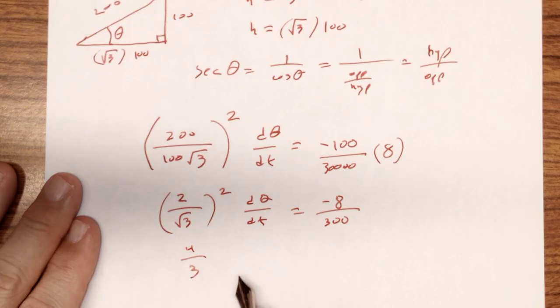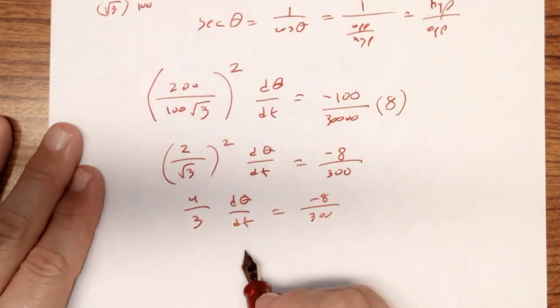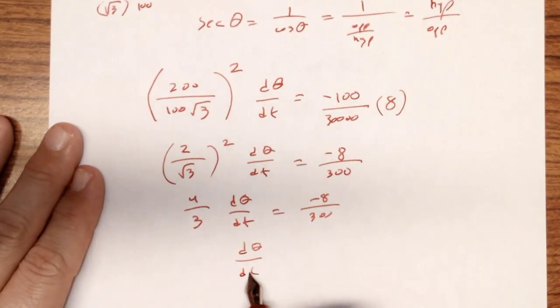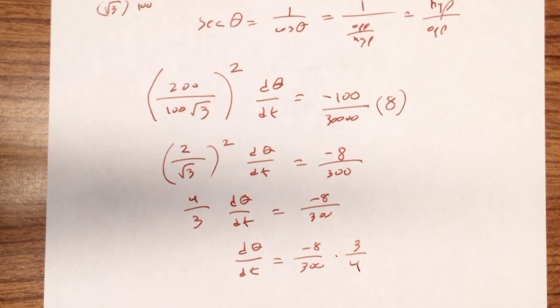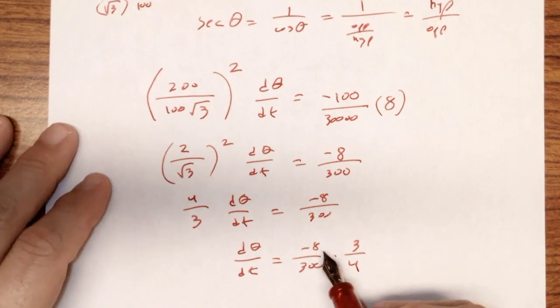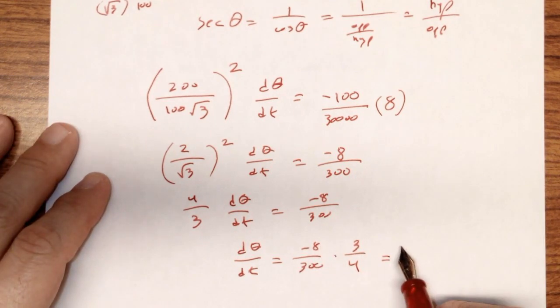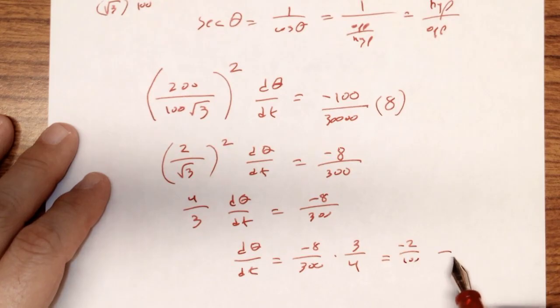Square the square root, you get 3. Multiply by the reciprocal. d theta/dt is negative 8 over 300 times 3 over 4. That's negative 2 over 100, or negative 0.02.